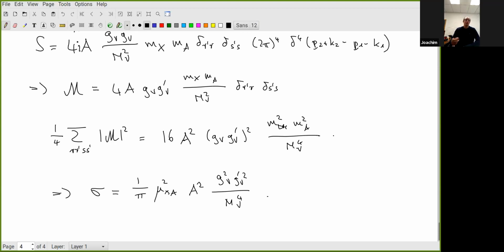Because I would assume if dark matter is composite, it probably has some strong interactions that you cannot treat purely perturbatively. If you have a perturbative model, I don't think there are bound states in perturbative models. So yeah, you have to do something similar.